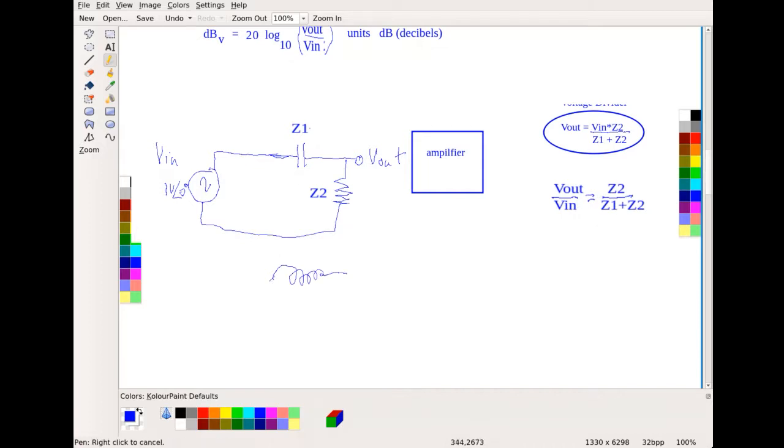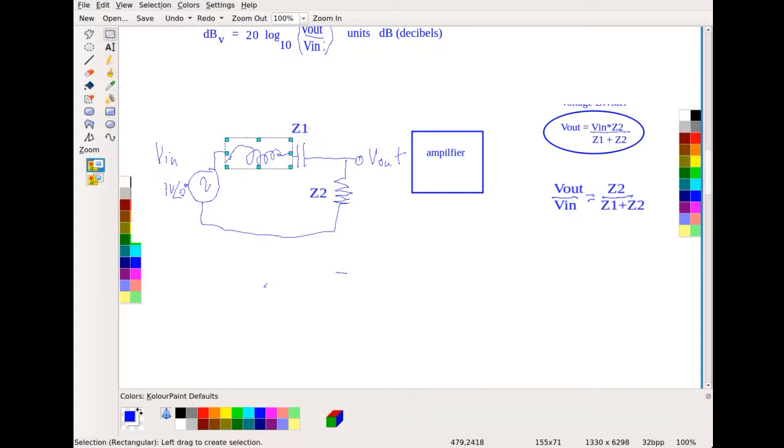Okay. All right. Josh, hold on just a second, and I'll address your question here. So there could be an inductor here, and then Z1 would effectively be both of these together.